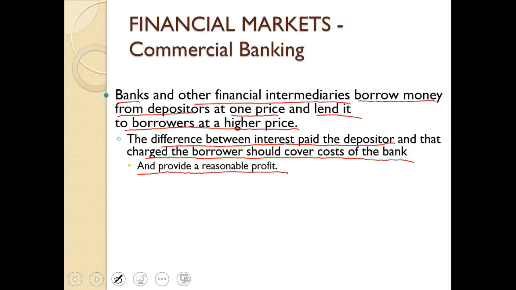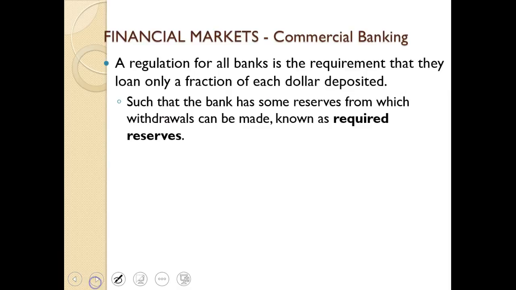The bank is going to pay you for it, and then they're going to take that same amount of money and sell it to somebody else at a higher interest rate. And that's how the banks are making their money, and how they're able to cover the cost of the bank. And of course, they're going to try and provide a reasonable profit for the bank.